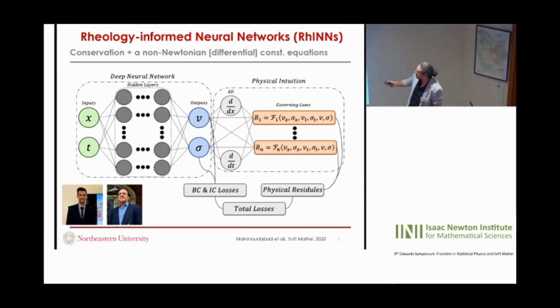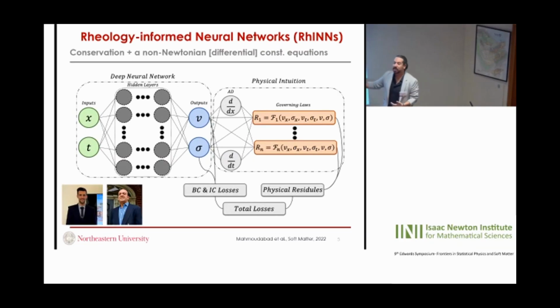Automatic differentiation allows you to get differentials of any output parameters with respect to inputs. Because of that, you can favor a certain solution. You can put any differential set of equations, ODEs or PDEs, softly or hardly into your neural network and basically make your neural network a counterpart to a MATLAB code.